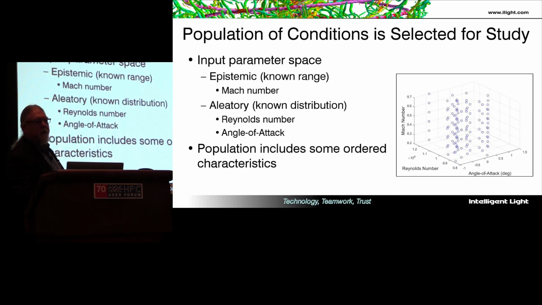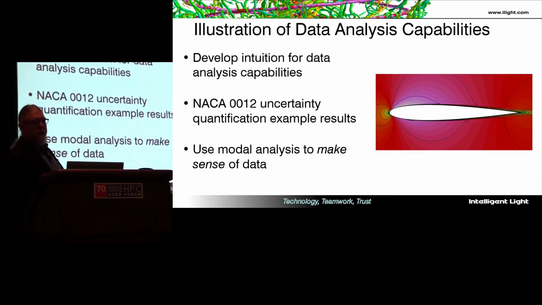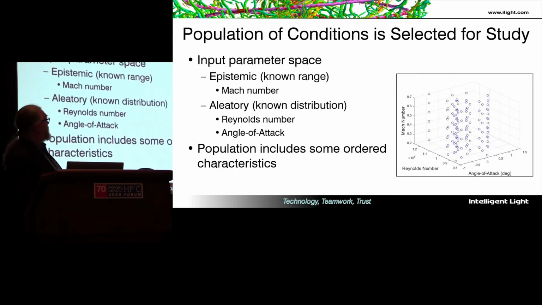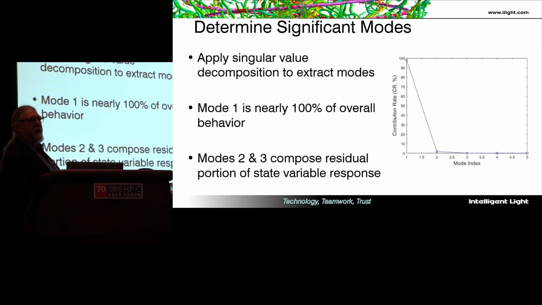So I'm going to jump ahead as I'm running out of time. Here's an example. This was a simple 2D airfoil. Ran a bunch of different Mach number, Reynolds number, angle of attack. And what you get out is drag, lift, and moment. It's just a cloud in space. Throw that into a matrix, I'm ready to rock.